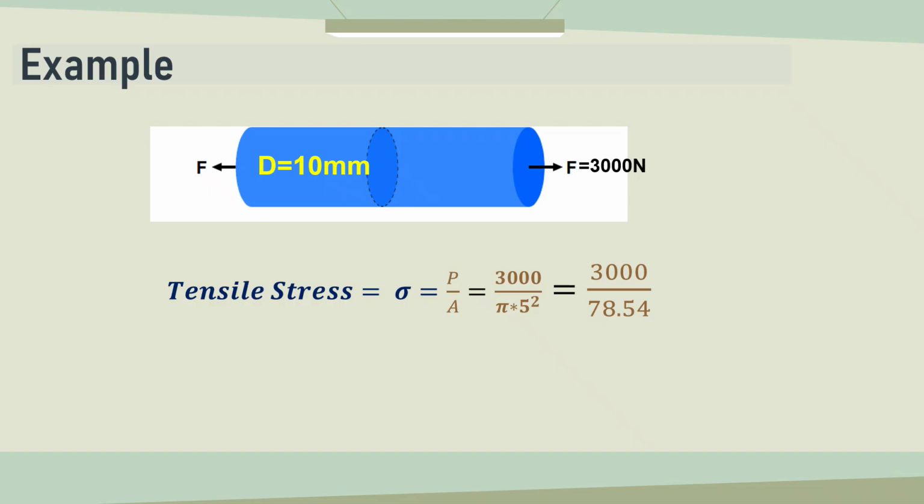This rod will have a cross-sectional area of 78.54 square millimeters. Now the tensile stress developed in the rod will be equal to the applied load of 3000 Newton divided by the cross-sectional area of 78.54 square millimeters, which will result in a tensile stress of 38.2 Newton per square millimeter.